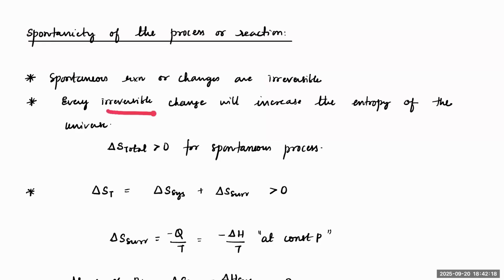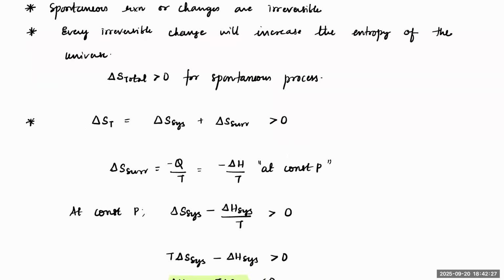And if there is any irreversible change, it will always increase the entropy of the universe as per the second law of thermodynamics. So I can say that delta S of total greater than 0 implies that it is a spontaneous change. And by formula, delta S of total is equal to system plus surroundings, and system plus surroundings has to be greater than 0.